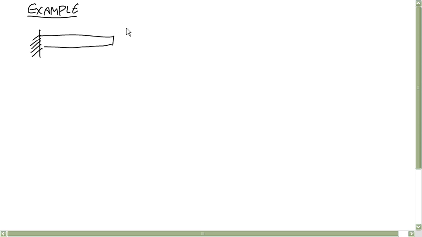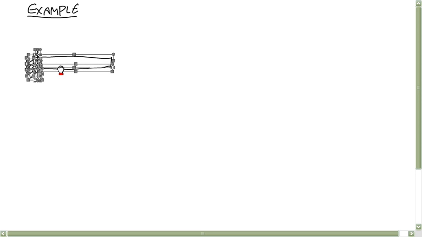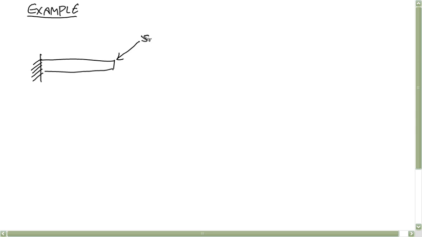And there is a force acting like this of 500 newtons and a force acting like this of 1,000 newtons.